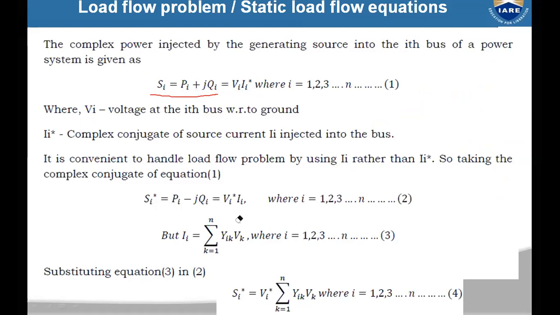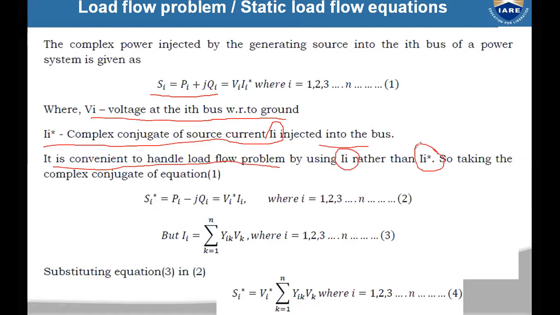Here Vi is the voltage at the ith bus with reference to the ground, and Ii is the source current injected into the bus; in the equation we have its complex conjugate. It is convenient to handle the load flow problem using Ii rather than Ii conjugate.